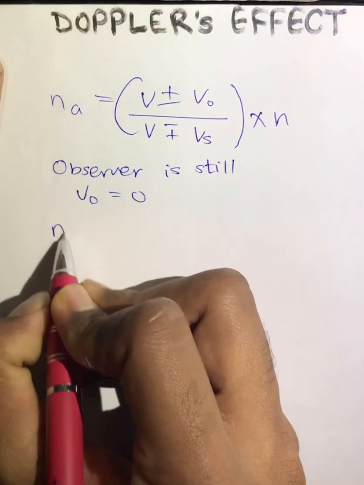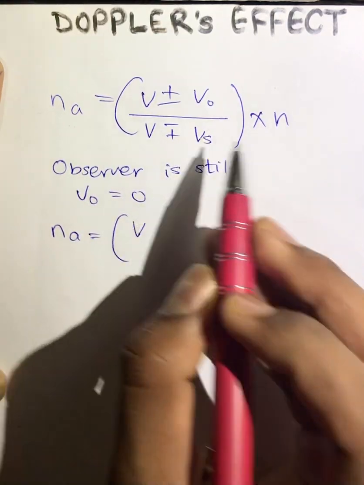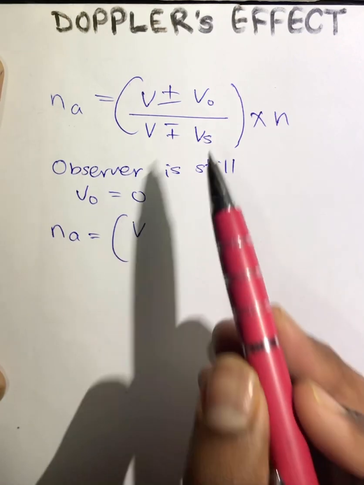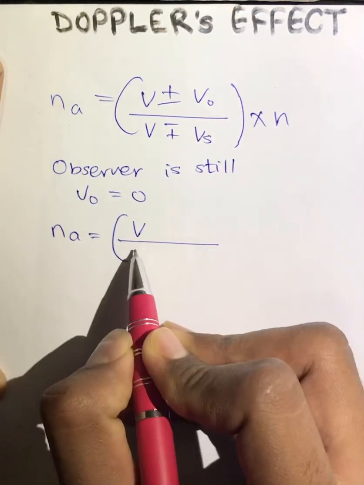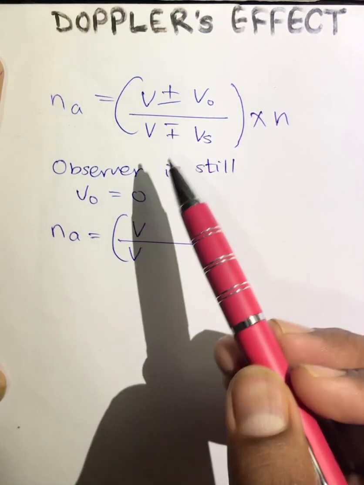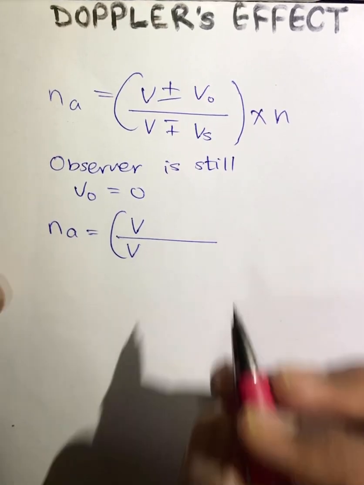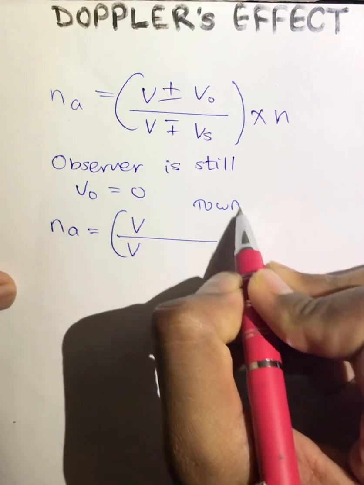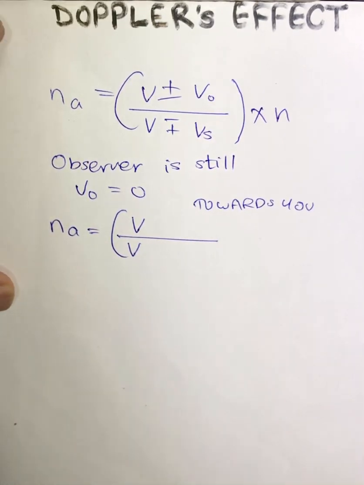Now consider the formula Na = V, and since the observer is not moving, Vo becomes 0, so (V + 0) upon V. Now what we should do, either write plus or minus. Since the source is coming near you, the frequency increases and you hear a larger sound.